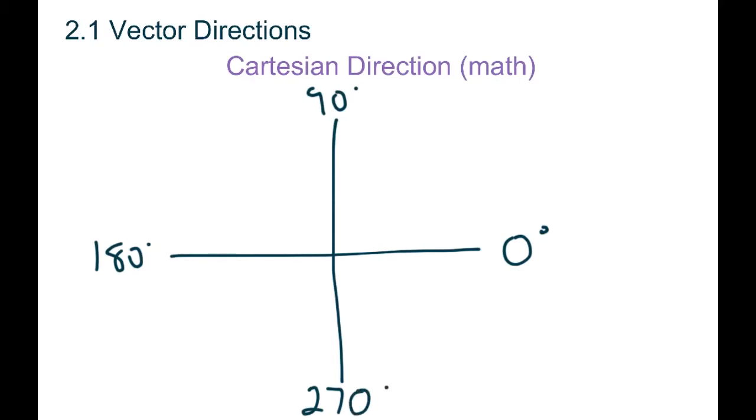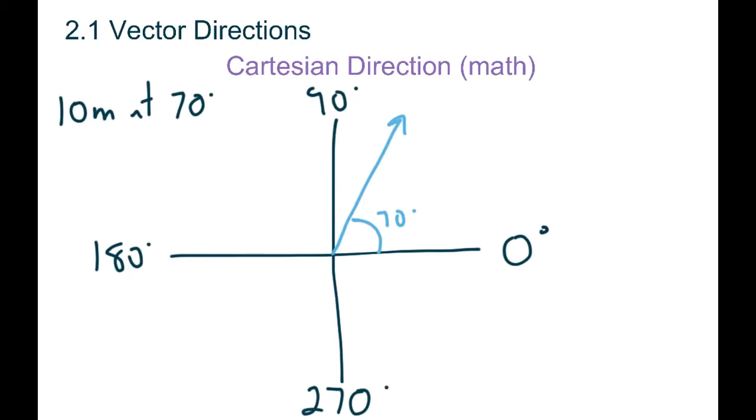So in physics, if the question was you're going to go 10 meters at 70 degrees, then what we would do is that means we're going to be drawing this from the 0, we measure 70 degrees upwards. So that would be where our vector would be. And then from there we could figure out our vertical and horizontal components if we need to. So that's the first one, 10 meters at 70 degrees.